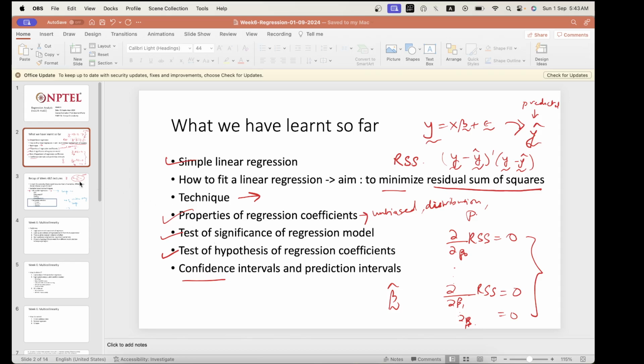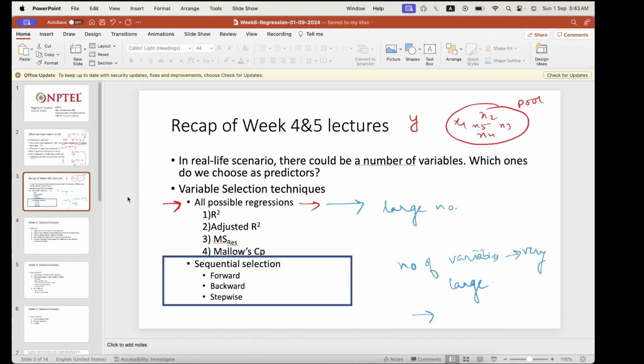And then during week 4 and 5, during the last 2 weeks, we learned how to go ahead with variable selection. There are two ways primarily by which we can do variable selection. The first one is that we fit all possible regressions and then we evaluate each of them, or we group them into a number of predictors that we are using.